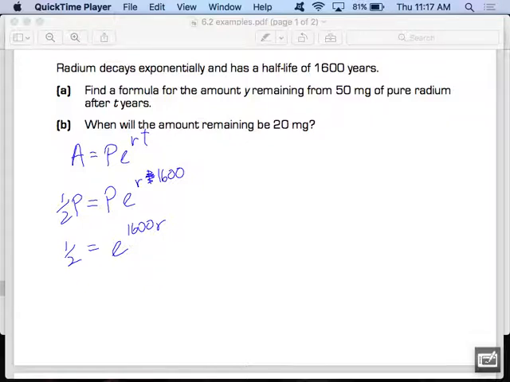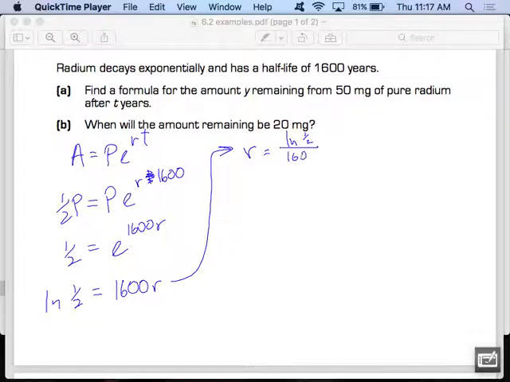Take the natural log of both sides. Technically speaking, we should have absolute values around that, but we all know that 1/2 is a positive number, so the absolute value goes away. So R is equal to the natural log of 1/2 divided by 1,600, which is approximately equal to?